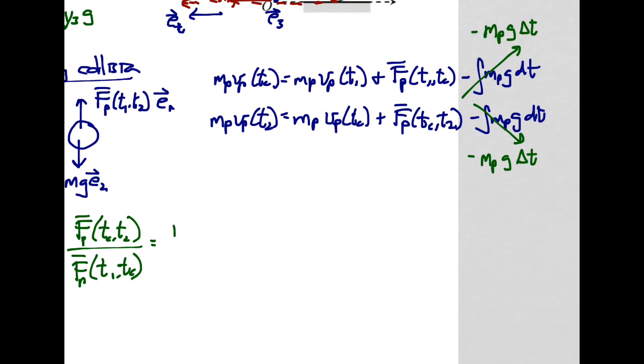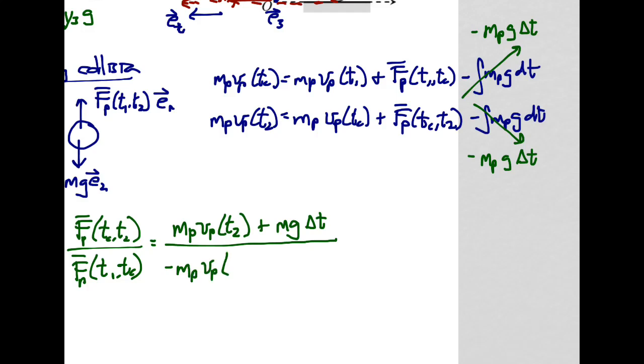Then we substitute in, we get mp, speed of p at time 2, plus mg delta t, divided by negative mp, the speed at time 1, minus mpg delta t.